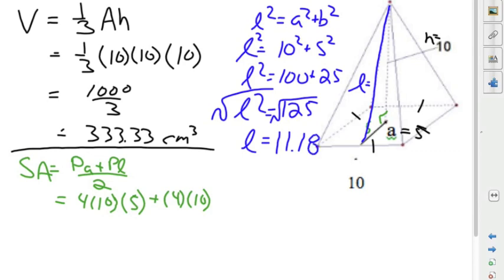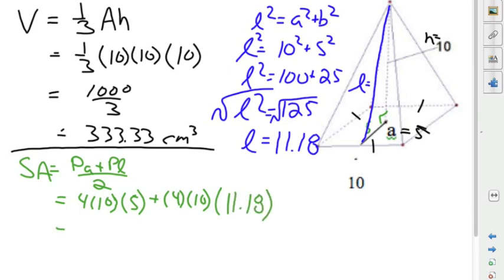Okay. So that's the tricky part about calculating the surface area of a pyramid. You're either given the L, or slant height, or you're given the height. But chances are you're not going to give both. So you're going to have to use the Pythagorean theorem to calculate one or the other. So we'll go back and plug that in now to be 11.18.